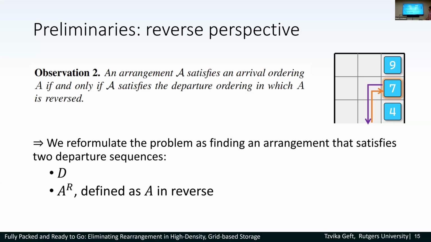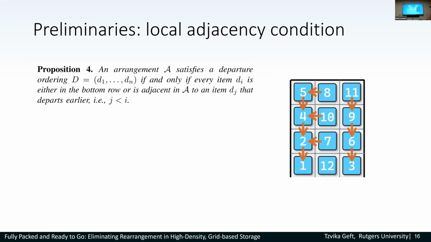Fairly simple so far. Then how can we check if a certain departure sequence is satisfied? There's an if and only if condition here. We only need to have each load be adjacent to a load that departs earlier, or just be on the bottom of the grid.